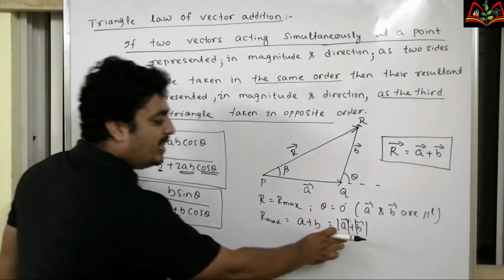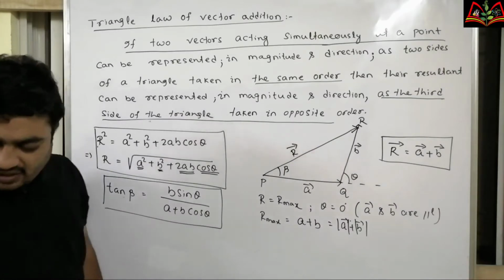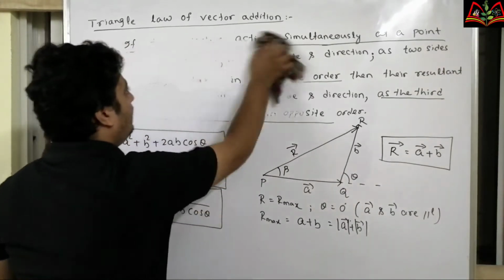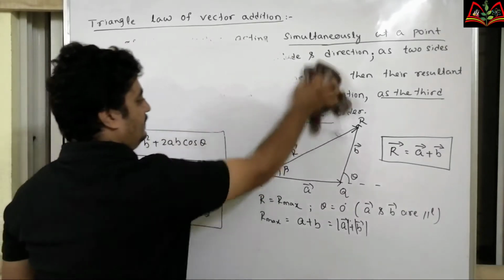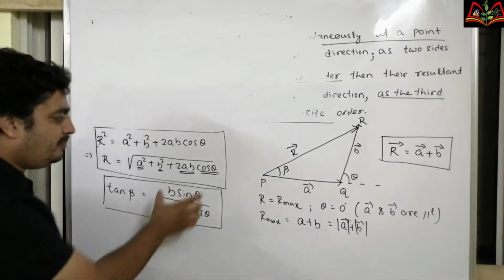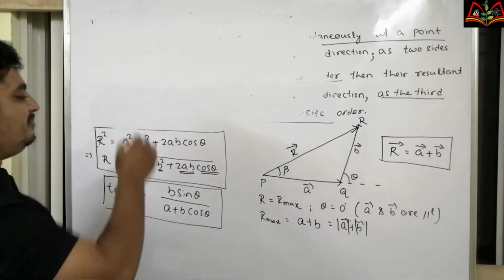So the maximum value of the resultant is A plus B. If we have to calculate the minimum value, then for R to be minimum, this term should be minimum. That means cos theta should be minimum.